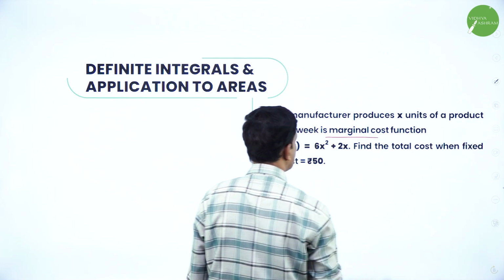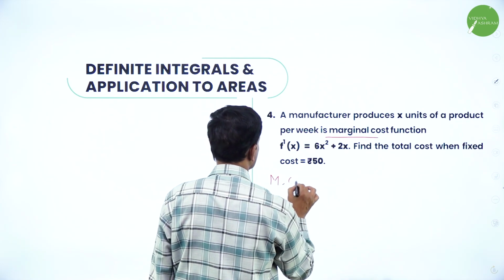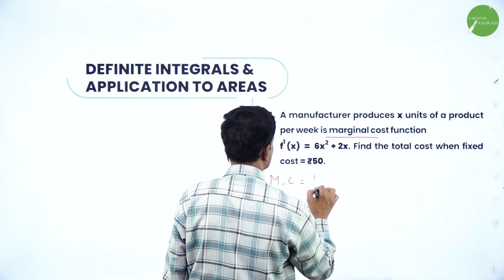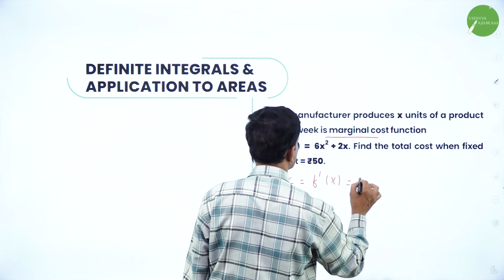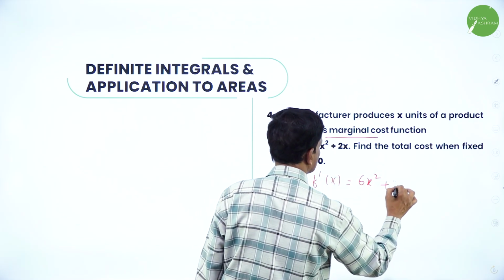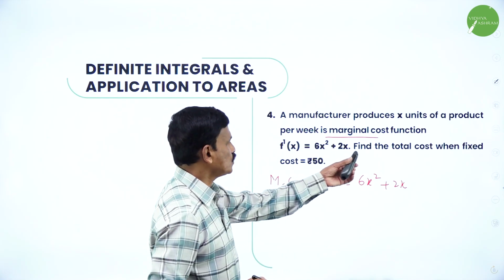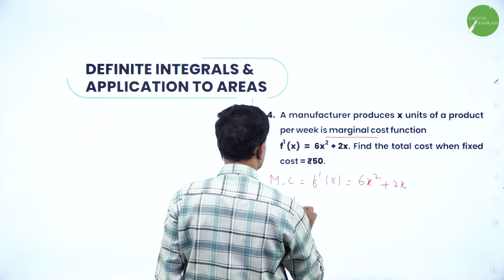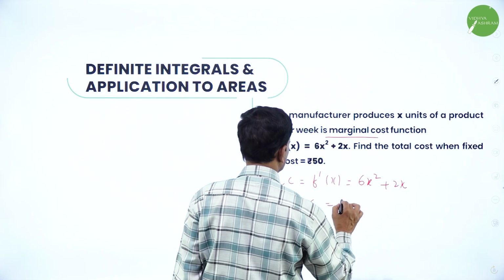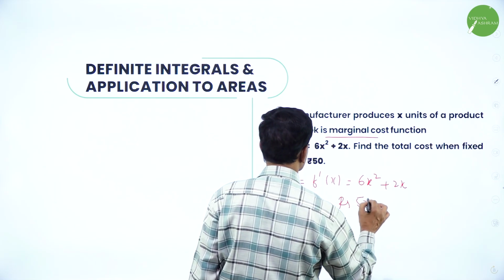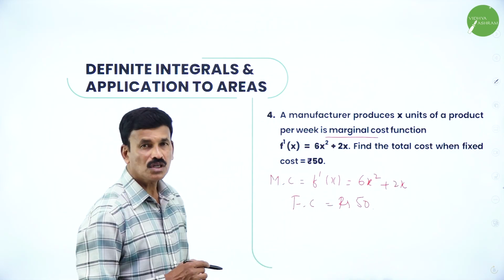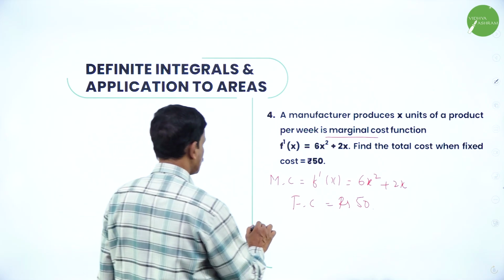What is the marginal cost? Marginal cost is f dash of x equal to 6x square plus 2x. Find the total cost when the fixed cost is rupees 50. Right, this is given. Now find out the total cost.